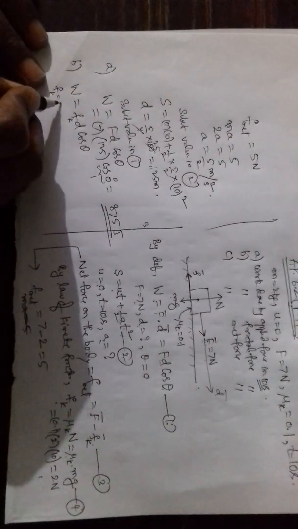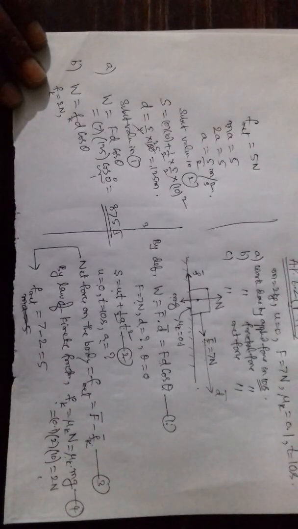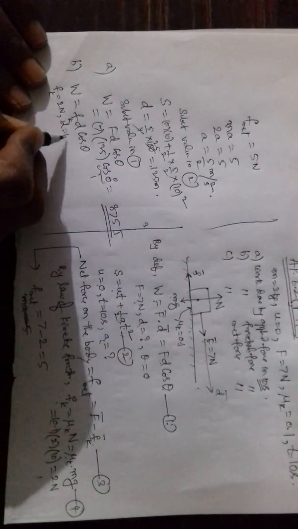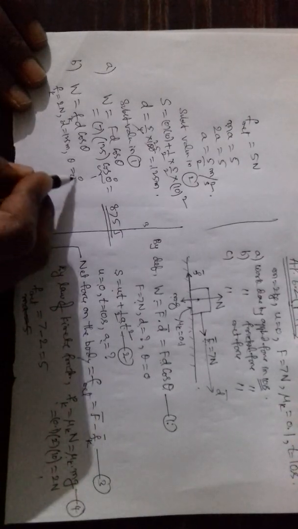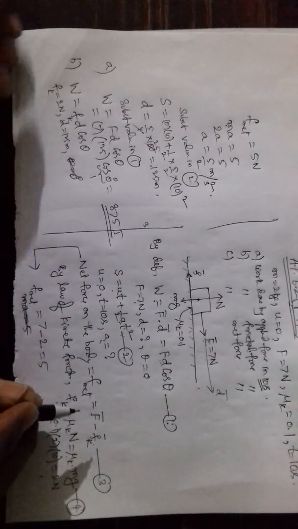So 2 newtons. D value, displacement, that is 125 meters. And theta is equal to 0. Sorry, here we need the angle between F and D.